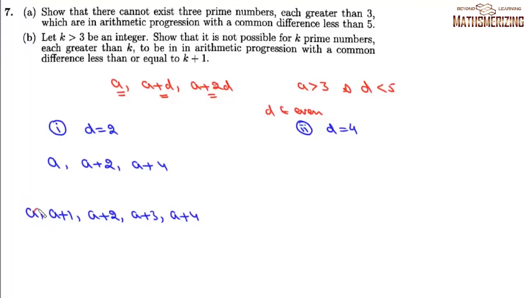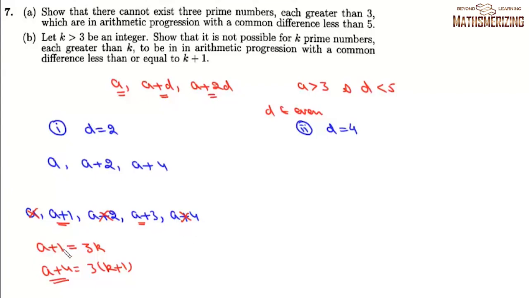Now since a plus 2 and a plus 4 are prime numbers, they are not divisible by 3. That means either a plus 1 is divisible by 3 or a plus 3 is divisible by 3. So if a plus 1 is divisible by 3, we can write a plus 1 as 3k. Now if we add 3, we can write a plus 4 equals 3k plus 3. That means this a plus 4 must also be divisible by 3. But a plus 4 is a prime number. That means there is a contradiction here.